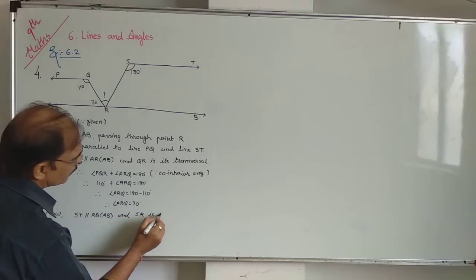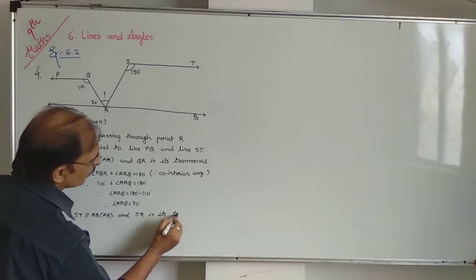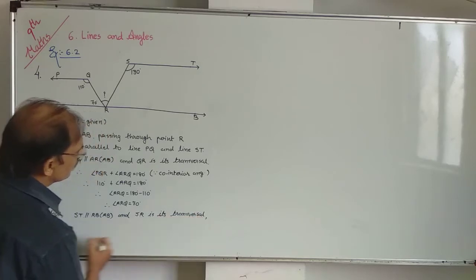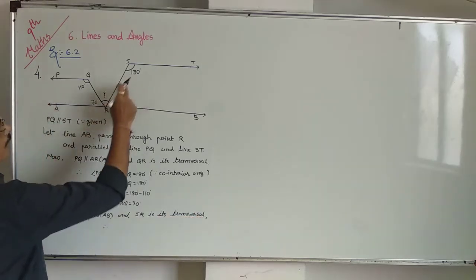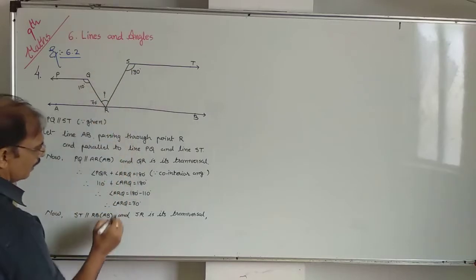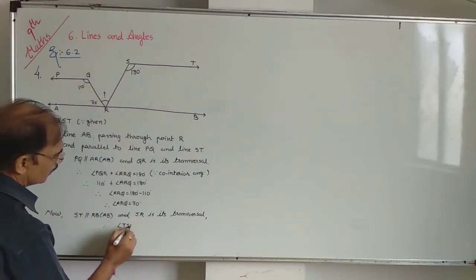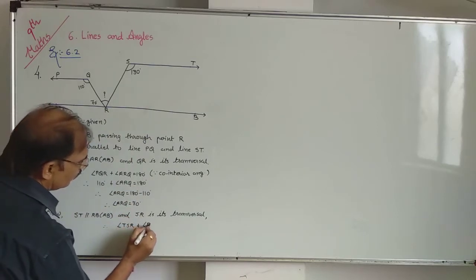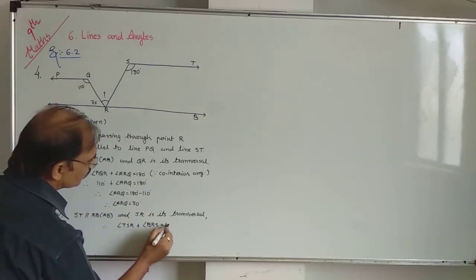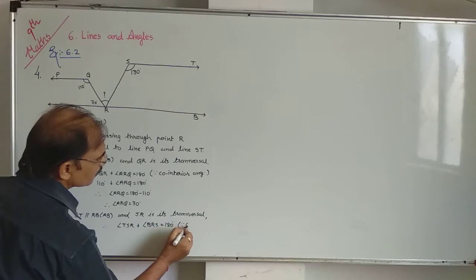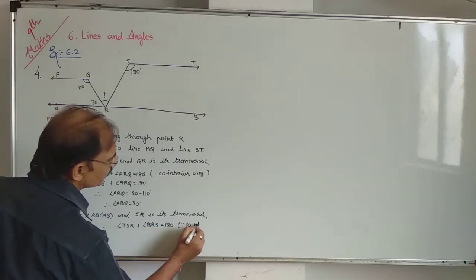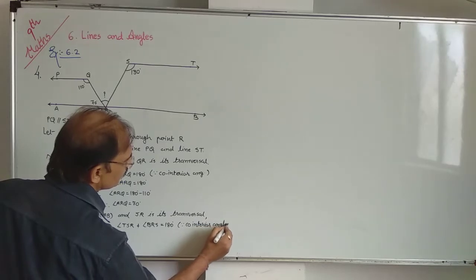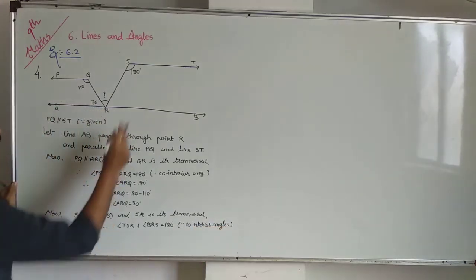So angle TSR plus angle BRS equals 180, reason co-interior angles.